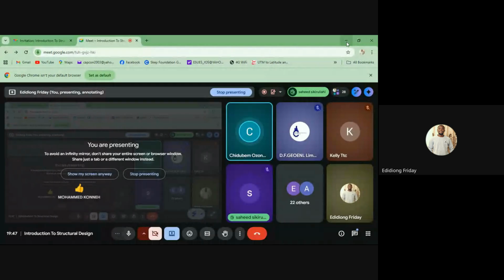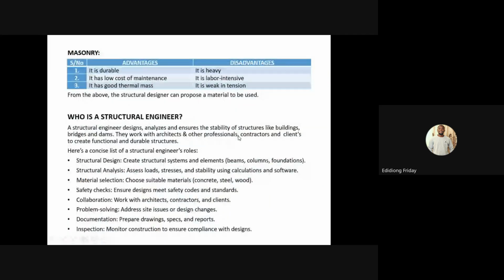So a structural engineer designs, analyzes, and ensures the stability of structures like buildings, bridges, and dams. Now, a structural engineer works with architects and other professionals. The other professionals could be the mechanical engineer, the electrical engineer, the horticulturist, and all of that, other professionals that are involved in the construction industry, contractors and clients, to create a functional and durable structure.